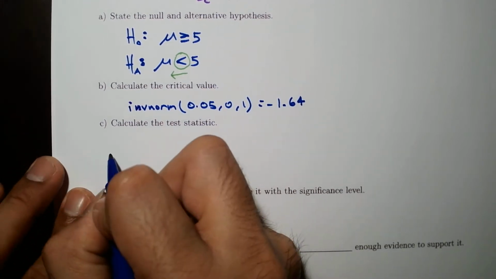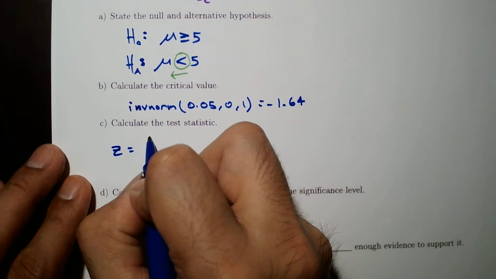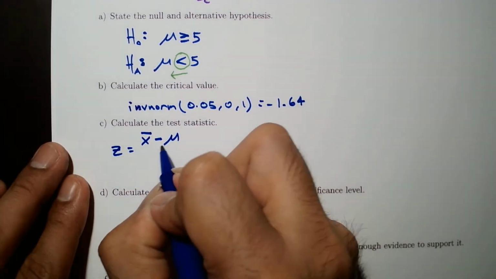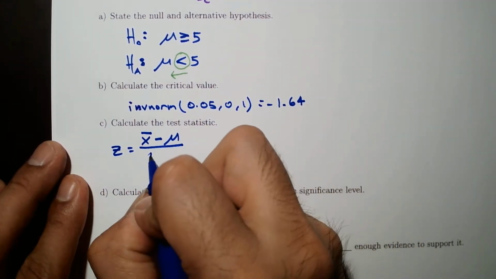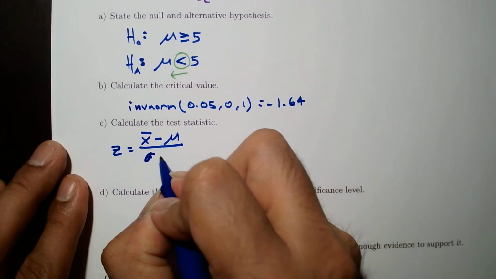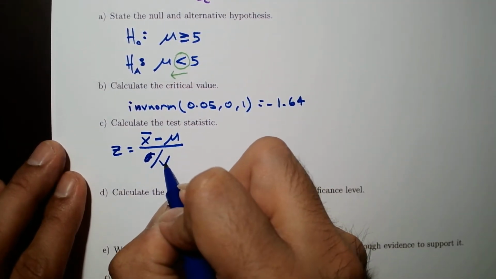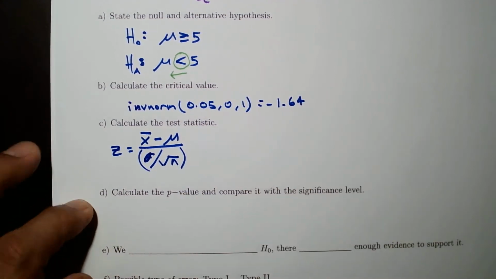All right, so the formula to calculate the statistic is the mean from the sample minus the mean from the population, divided by sigma, which is the standard deviation of the population, divided by the square root of the sample size.